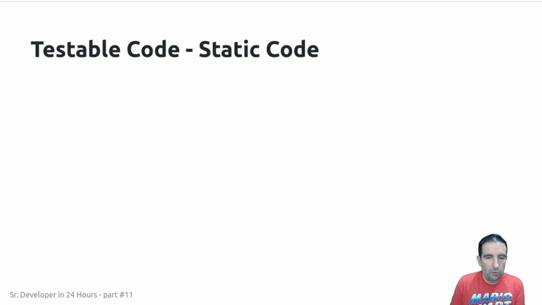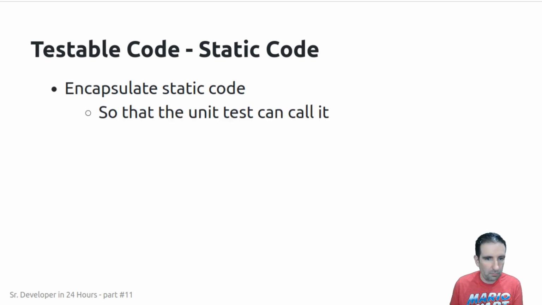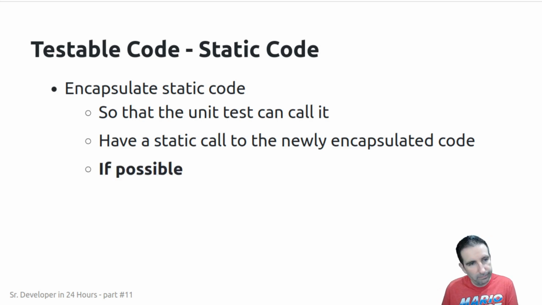All right, so what options do we have for dealing with static code? The first one is to encapsulate the static code. Once we encapsulate it, we can have a unit test that can call this encapsulated code if appropriate. And then we can have a static call to the newly encapsulated code. If possible, sometimes there are cases where it is not even possible to do this.